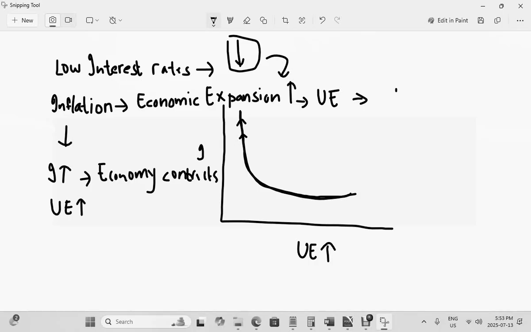So basically, the Phillips curve says that inflation is inversely proportional to unemployment. So this is inversely proportional, it has the trade-off.